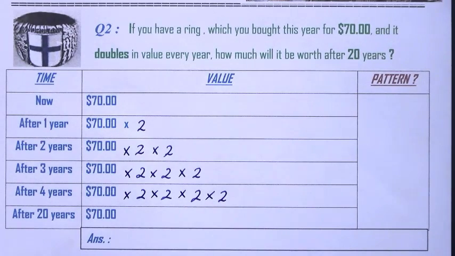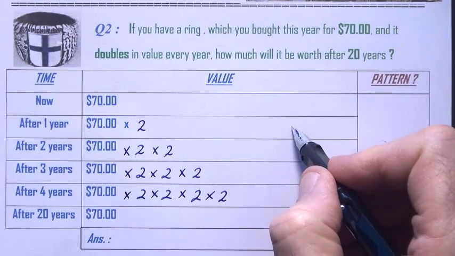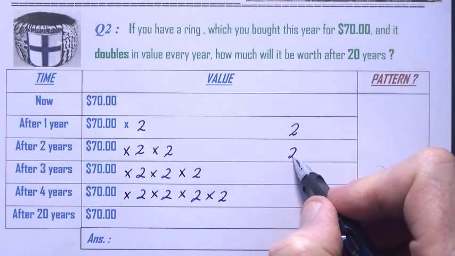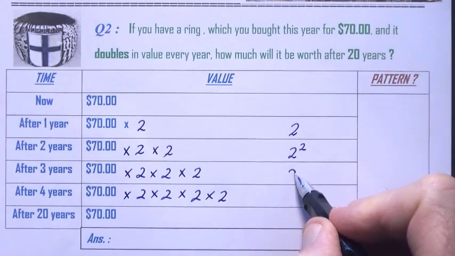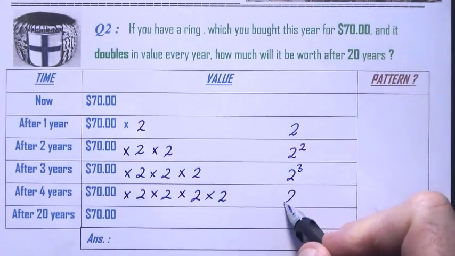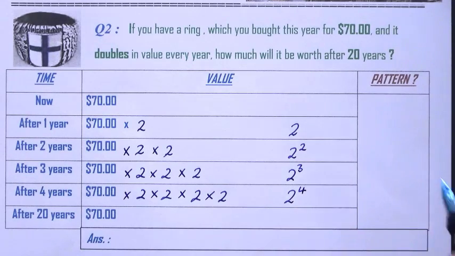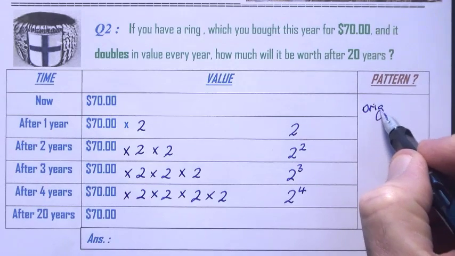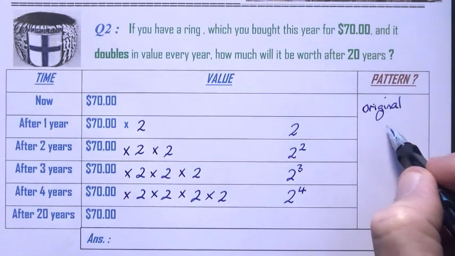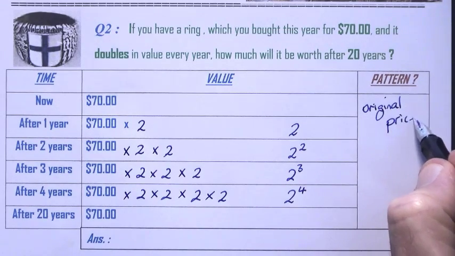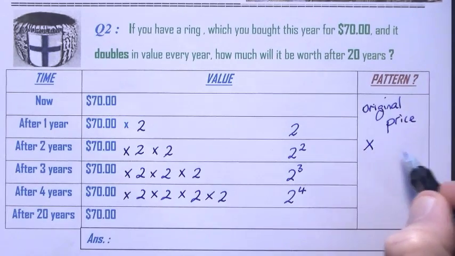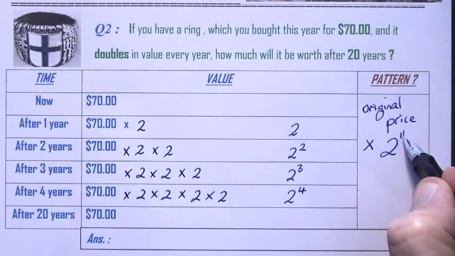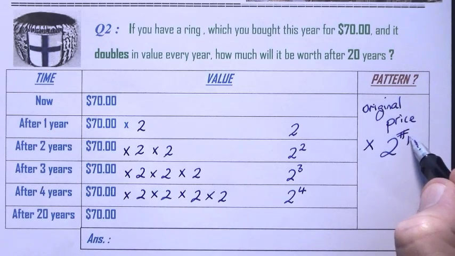Now, isn't it obvious here that what we have is the powers of 2. 2 squared, 2 cubed, 2 to the 4th power. And the pattern is, it's the original price of the item multiplied by the power of 2 to the number of years.